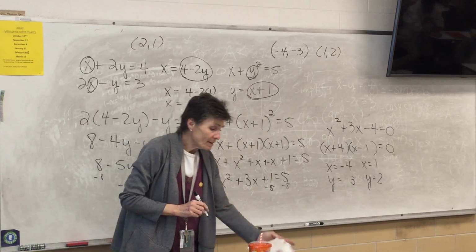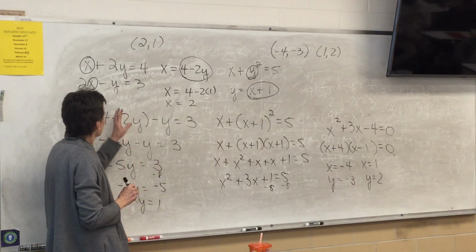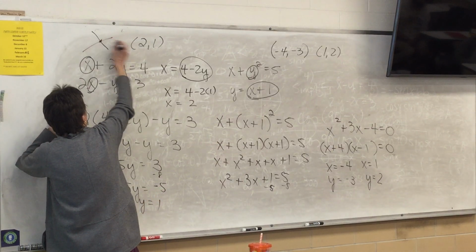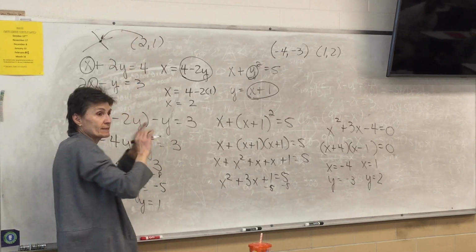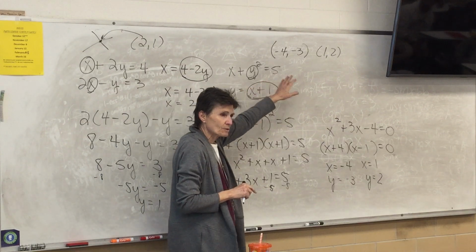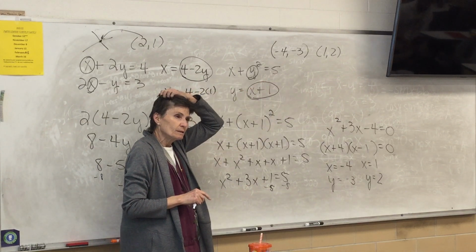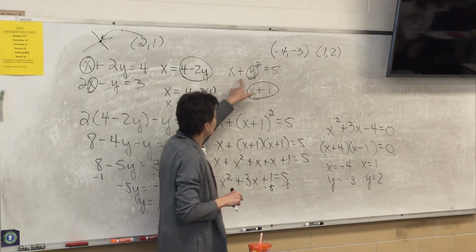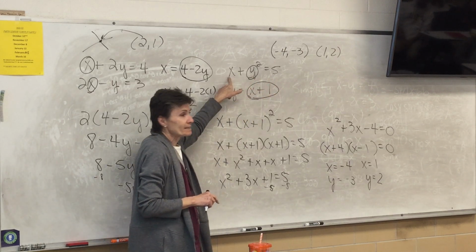Now, a minute ago, back here when we did this problem, I said we have 2 lines crossing each other, and that's the point where they cross each other. How in the world did I get 2 answers to this then? That doesn't make sense. Well, see this equation right here? It's not a line.